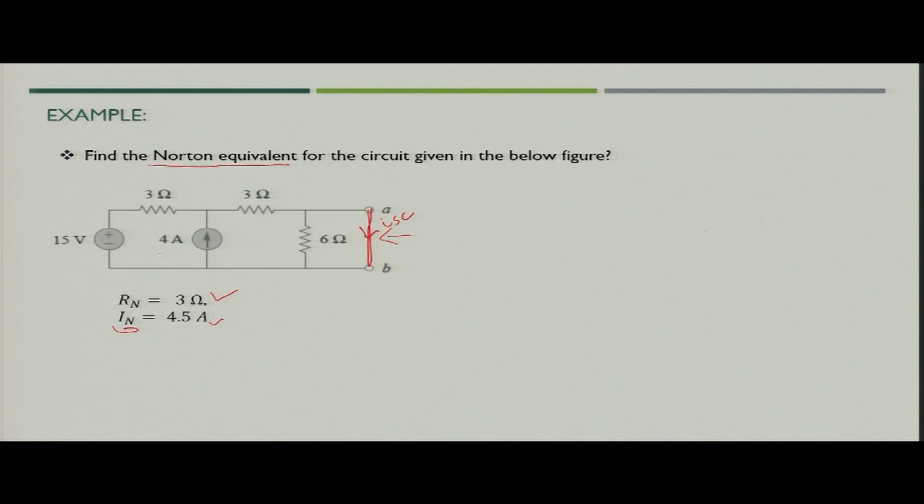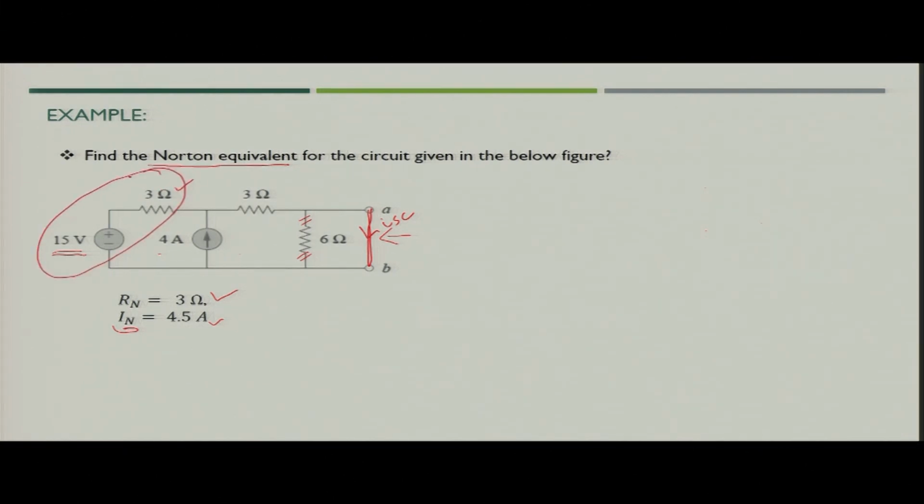Now, when you have this terminal A B short circuited, the 6 ohm resistance will become irrelevant. So, you have just simply the 4 ampere current source, 3 ohm resistance, short circuit and this 15 volt voltage source in series with 3 ohm resistance.